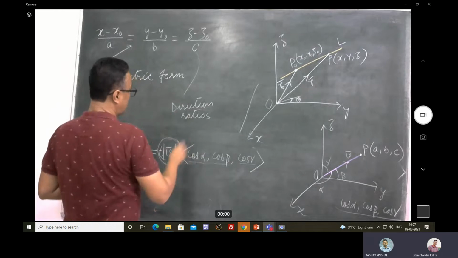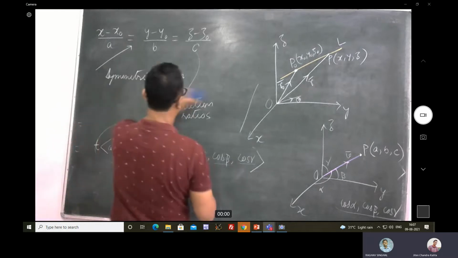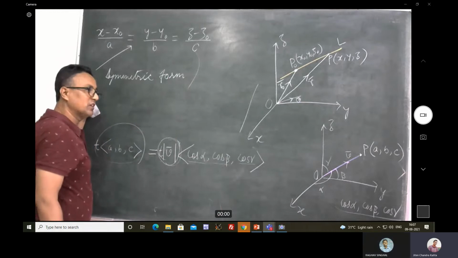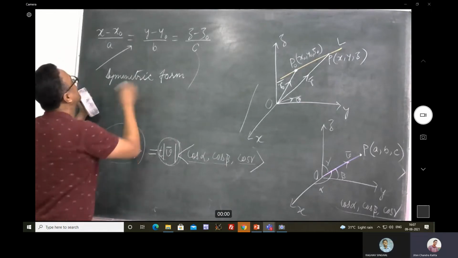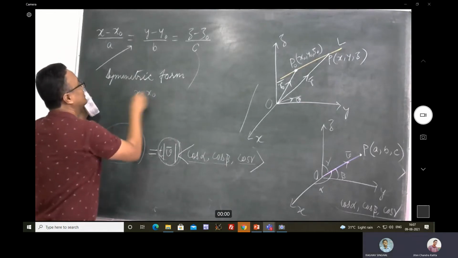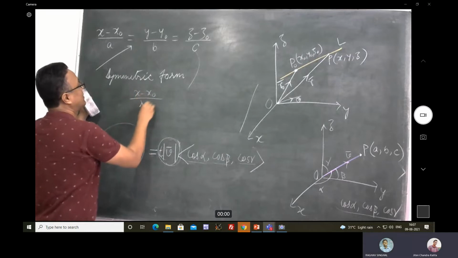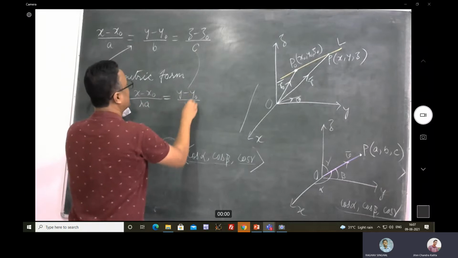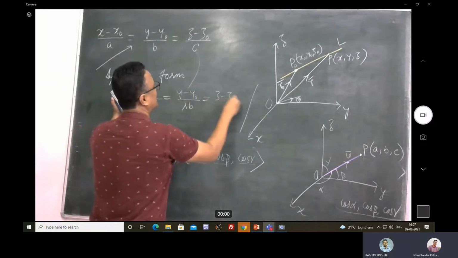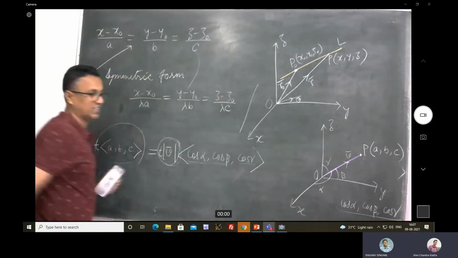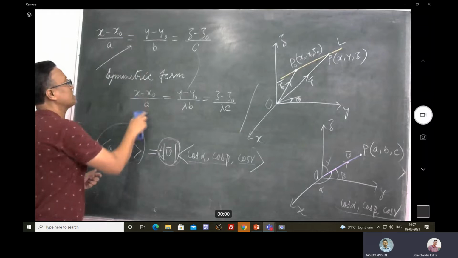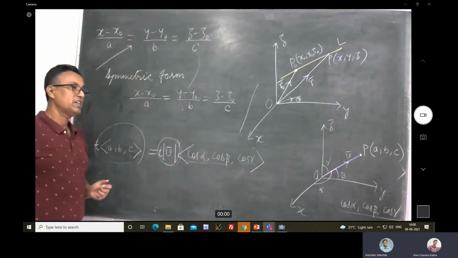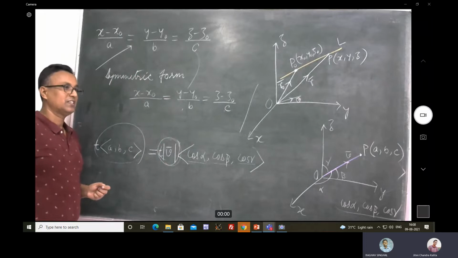Now, if you have another straight line passing through P naught, parallel to L, its equation is going to be something like this, right? And then we can simply adjust it like this.